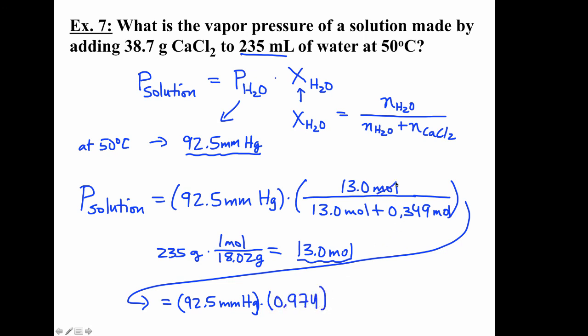Notice no units because moles cancel. And we therefore have a vapor pressure of the solution of 90.1 millimeters of mercury.